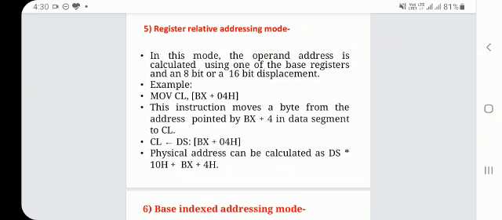This instruction moves a byte from the address pointed by BX plus 4 in the data segment to CL. Physical address can be calculated again as DS times 10H plus BX plus 4H.